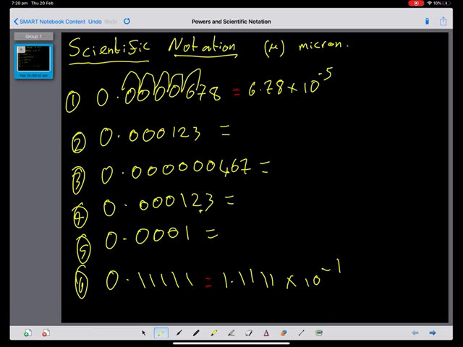Okay, so hopefully you've done those. So I'm just going to do them quickly. 1.23 times 10 to the negative 1, 2, 3, 4. This one's going to be 4.67 times 10 to the minus 1, minus 2, minus 3, minus 4, minus 5, minus 6, minus 7.